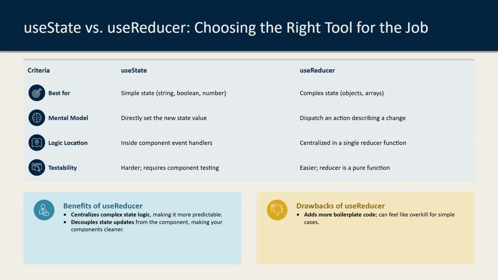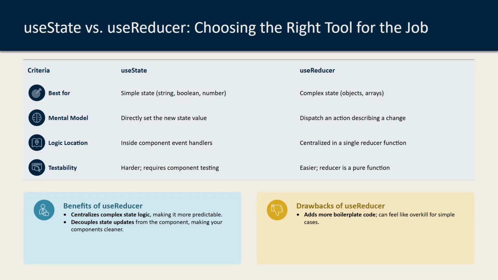With useState, update logic often lives inside event handlers in the component, while with useReducer, that logic is centralized in one reducer function, which makes the flow easier to reason about.